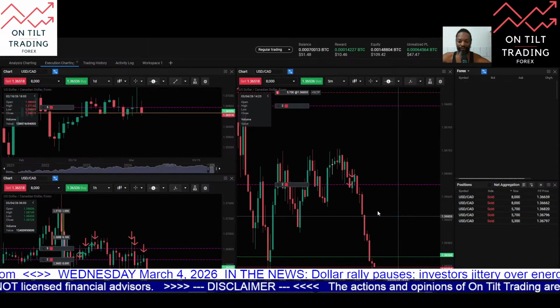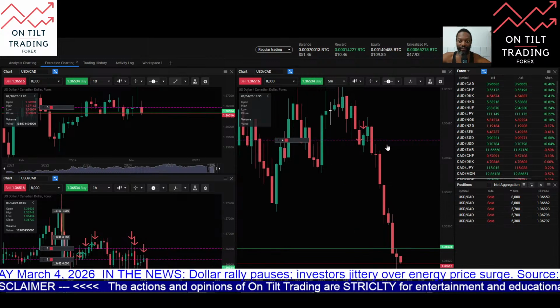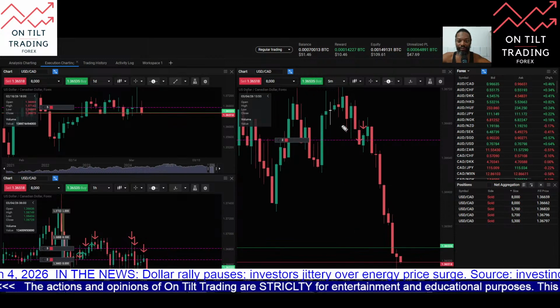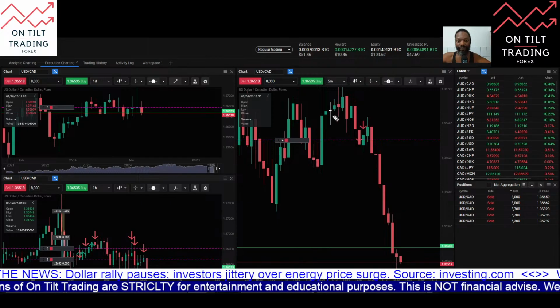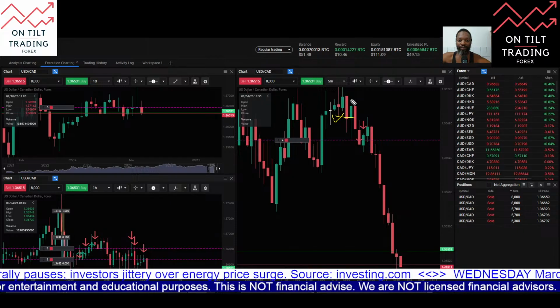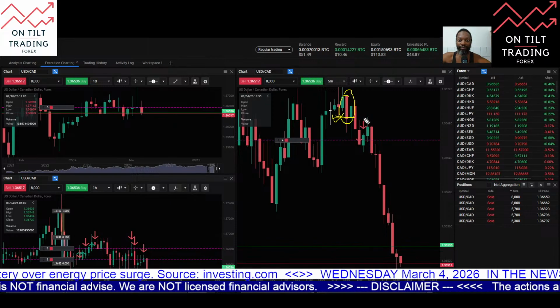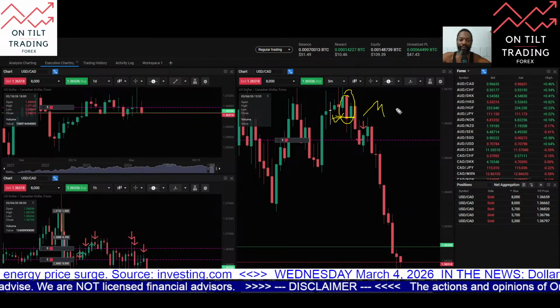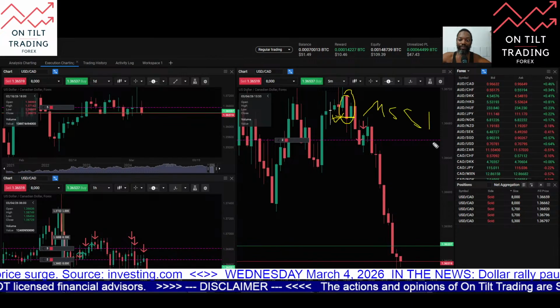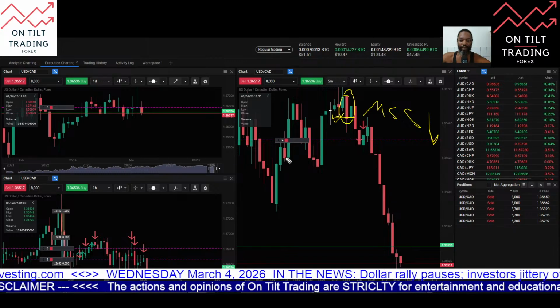And that inverse fair value gap was correlated with this swing low here, and then you get this candle giving a body candle close below this swing low, creating another market structure shift to the sell side, as price was delivering to the buy side.